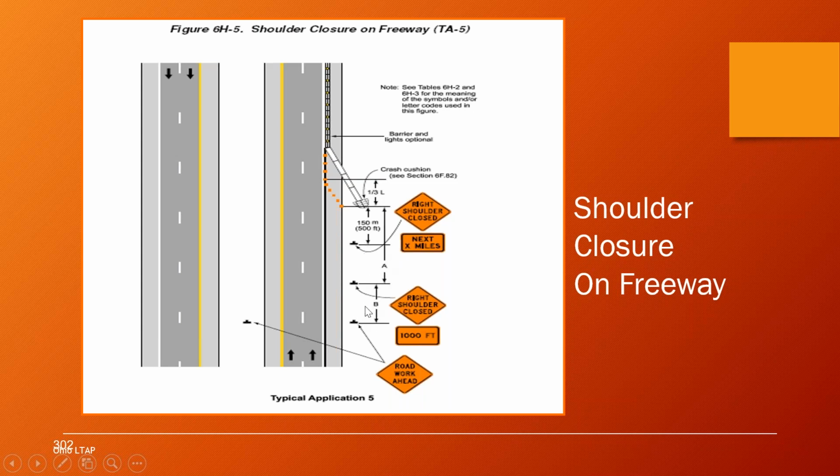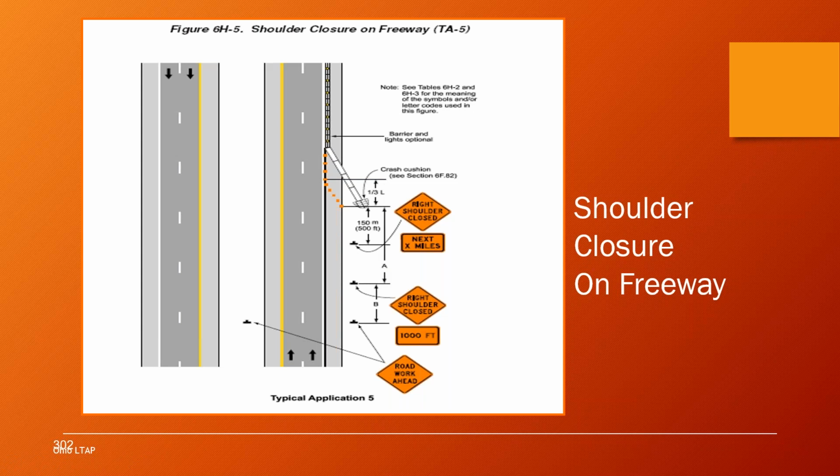So remember A and B, we can find what those distances are. That's why I posted in your handouts a PDF of the guidelines for traffic control in work zones.